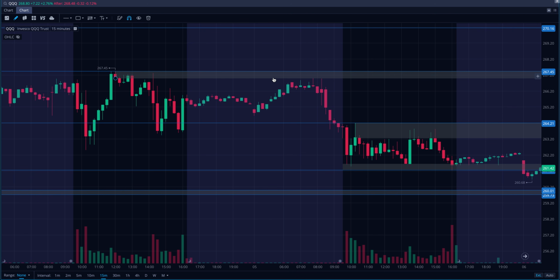I'm looking at this zone here as the next resistance area. You can see it right here get respected in pre-market and sell off. That tells you right there that it's a good zone to watch. Because this range is so tight, if we break out of it, I'm looking at 267 as my next resistance area. This zone here.